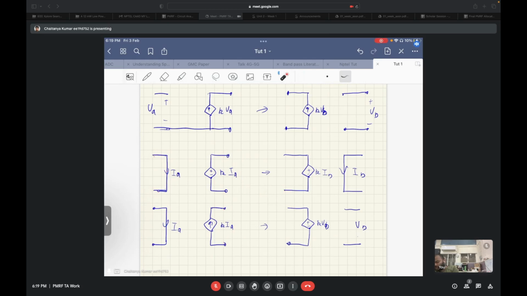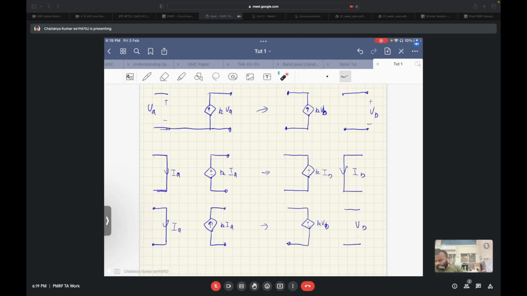Now, due to the short circuit, the virtual ground is already there, as this voltage and this voltage will be the same. And on top of it, since this IA is tending to zero, you get a high impedance node over here as well. So this means op amps can be modeled by any of the controlled sources, depending on what is convenient.